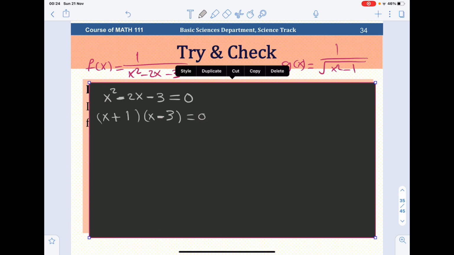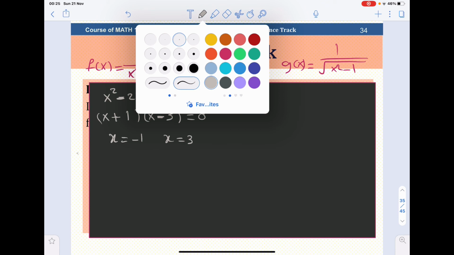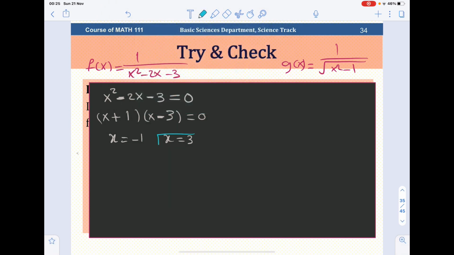So the two zeros, or the two roots, would be x equals -1 and x equals 3. At those two values, the value of the denominator would be 0.